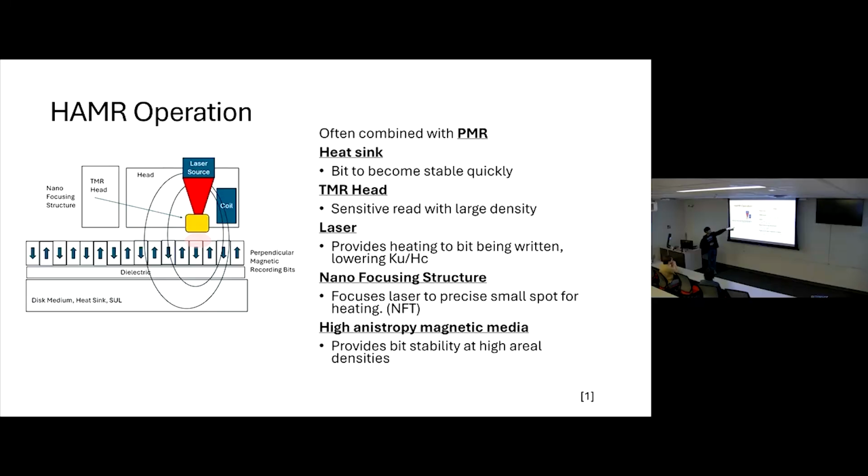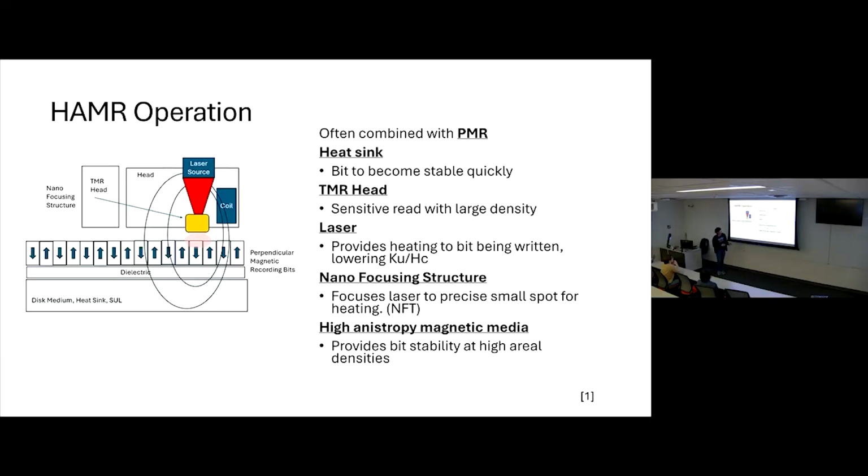It will provide a heat source to heat the bit we're writing, and that lowers the anisotropy and the field required, which makes it much easier to write to the bit. And then as the bit cools, it returns to its normal anisotropy at room temperature, and that makes the bit stable.